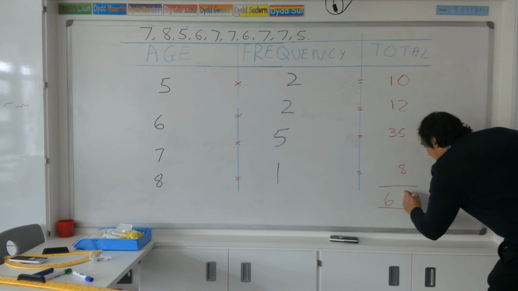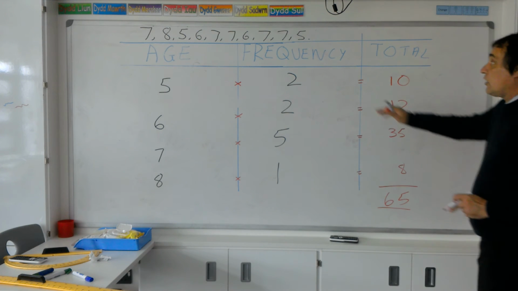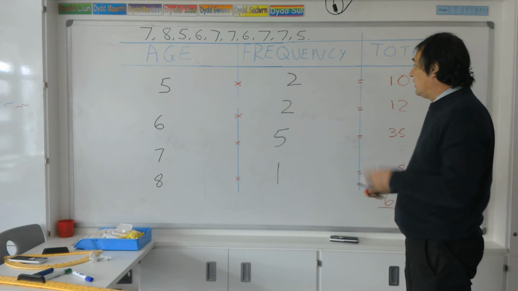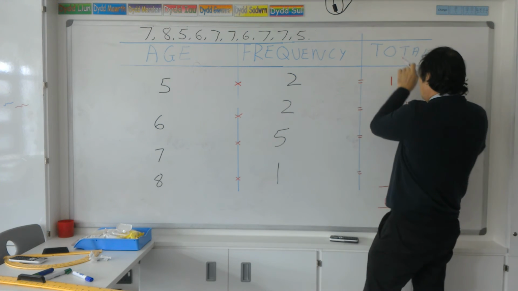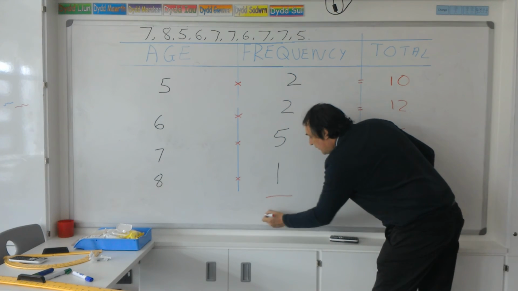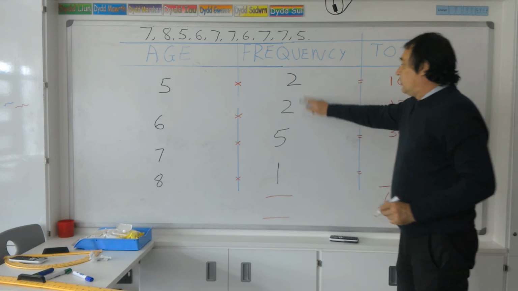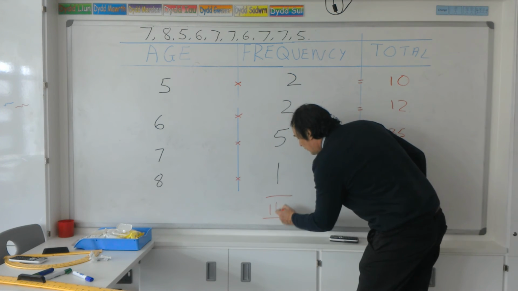So we've got a total here of 65. Okay, the next thing, we're going to add up the total of the frequencies. In other words, how many children there are altogether. So we add these together. So 2 and 2, that's an easy one, is 4, and 5 gives us a total of 10.